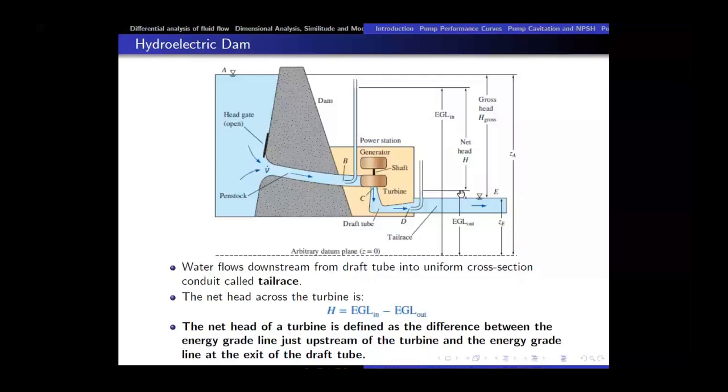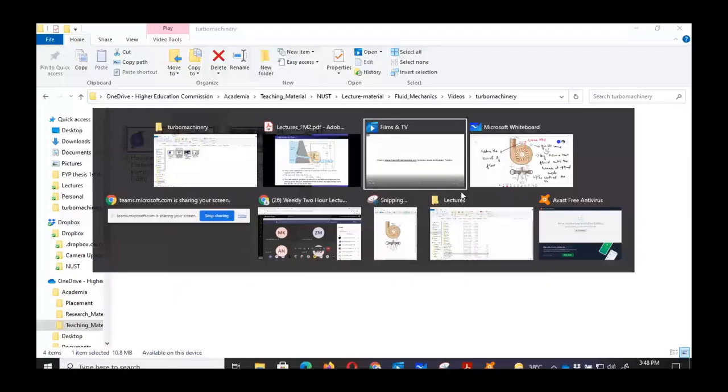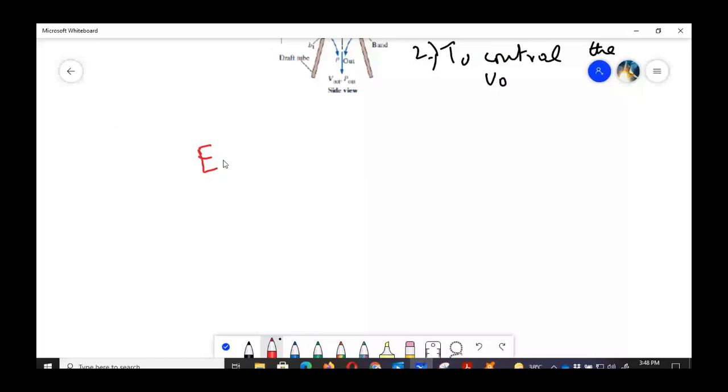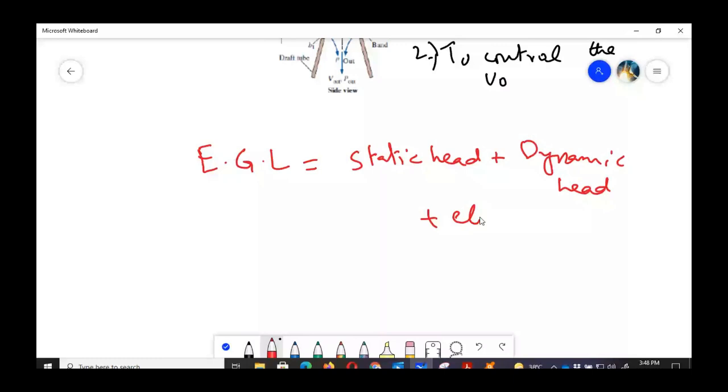I hope that you get that. If I can tell you the relation between these two: the energy grade line is the static head plus dynamic head plus elevation head, while the hydraulic grade line, HGL, is static head plus elevation head.